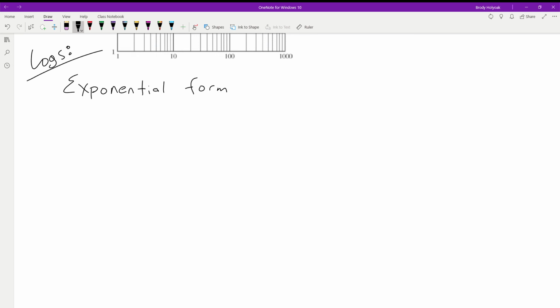Exponential form is simply a value to a power giving us some number. The logarithmic form is the log of a base to some value.